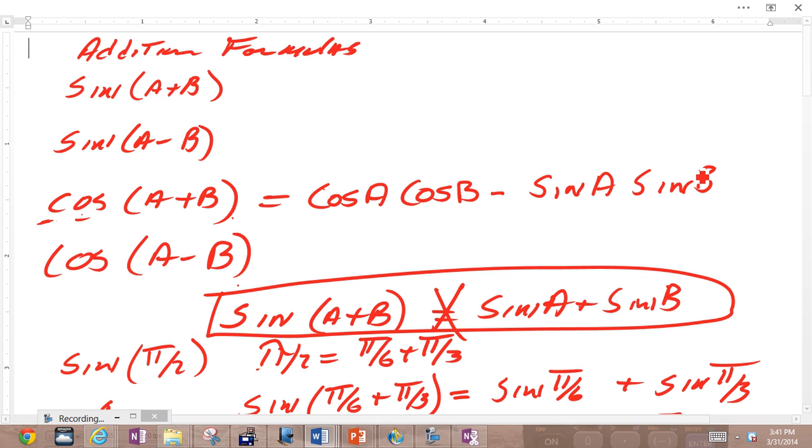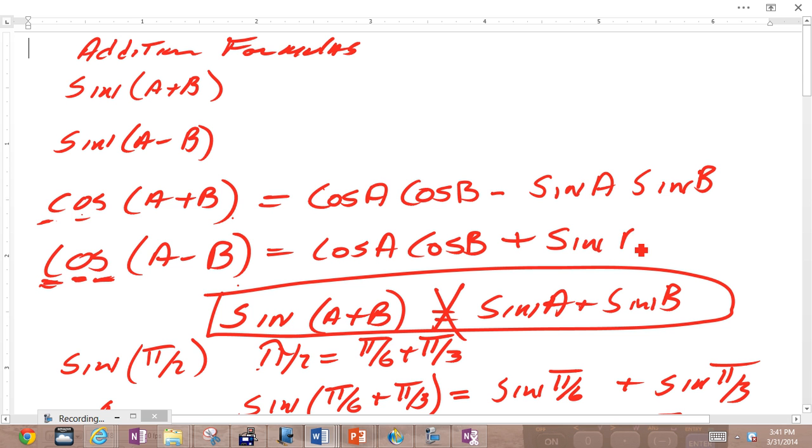And cosine, again, is the easier one because it spells it out. Cosine opposite sine. So again, it's cosine of A, cosine of B, opposite the sine, plus sine of A, sine of B.